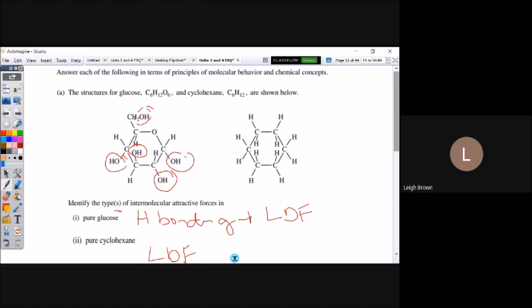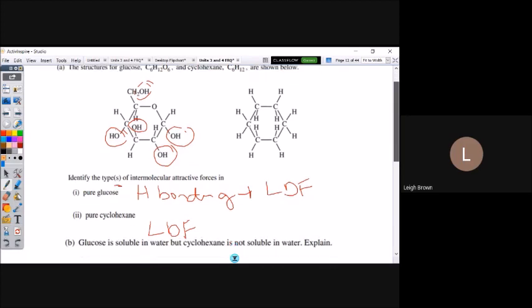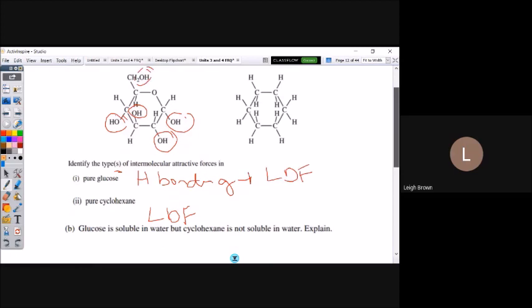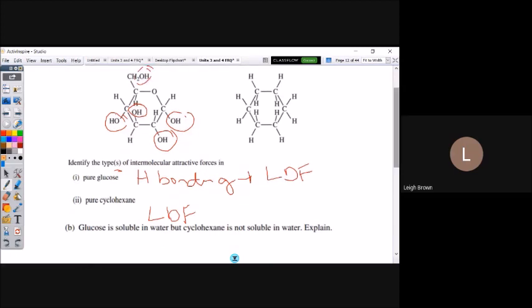Okay, going on to the next part, it says glucose is soluble in water, but cyclohexane is not. Okay, so how do we explain that? Well, what they're looking for here is a very specific relationship between each molecule and water.